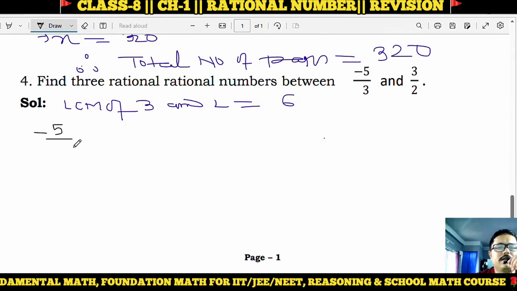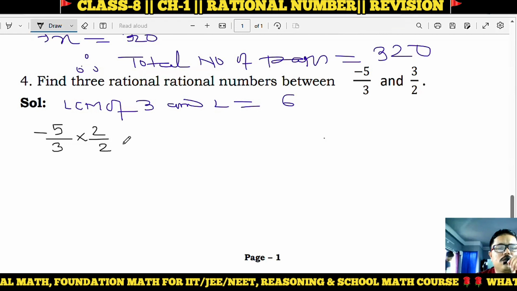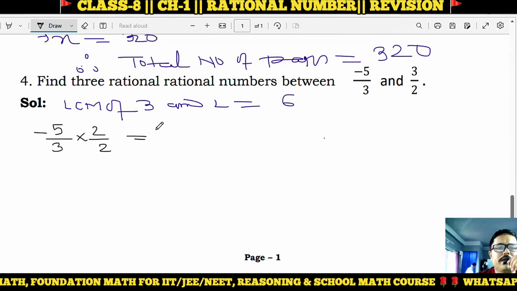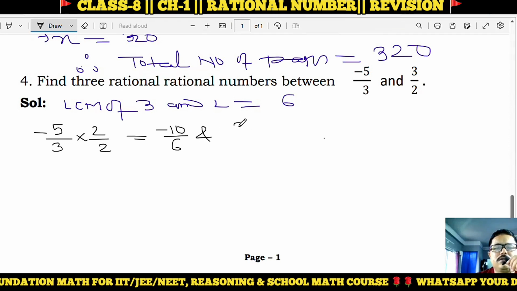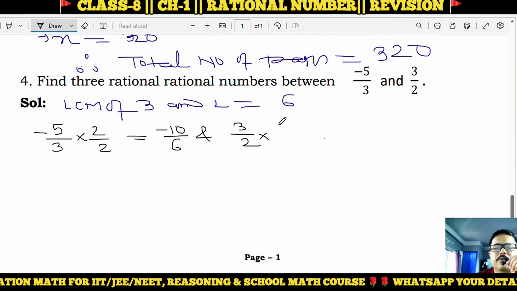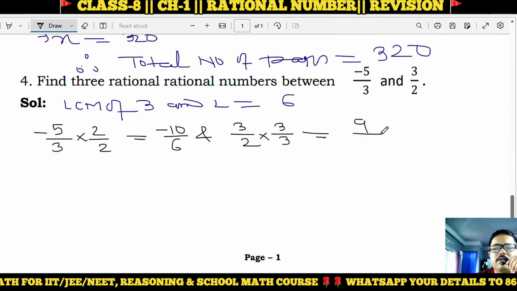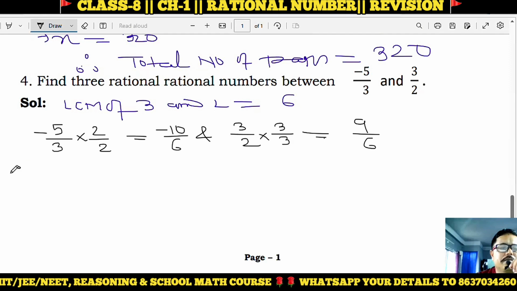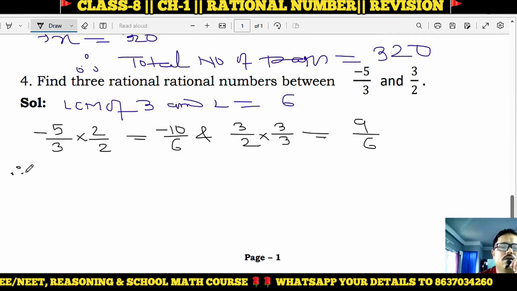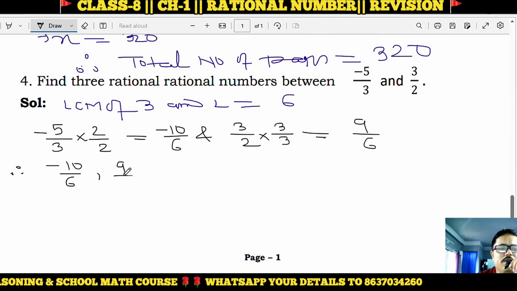Now we have to convert both the numbers into such numbers whose denominator is 6. So for that we need to multiply minus 5 upon 3 by 2 upon 2. So this will be minus 10 upon 6, and 3 upon 2 we have to multiply by 3 upon 3, so that the denominators of both numbers become the same. So now the 2 numbers I have are: one is minus 10 upon 6, another is 9 upon 6.